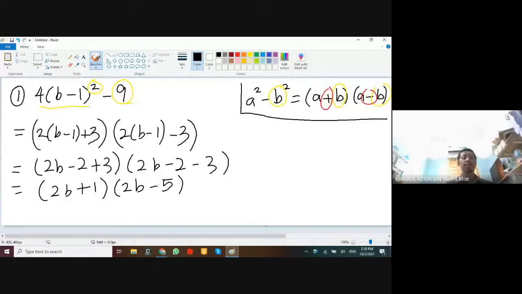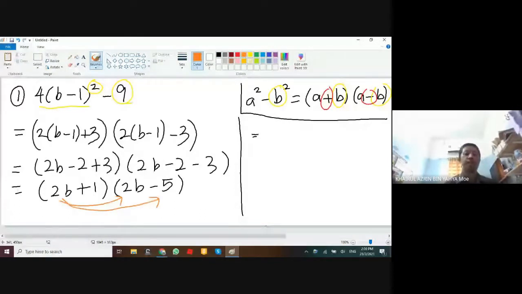However, for simplifying, actually for me this is not simplified enough. To simplify, actually we need to expand the bracket. And the answer should be 2b times 2b. We expand 2b times 2b, and then 2b times 5.